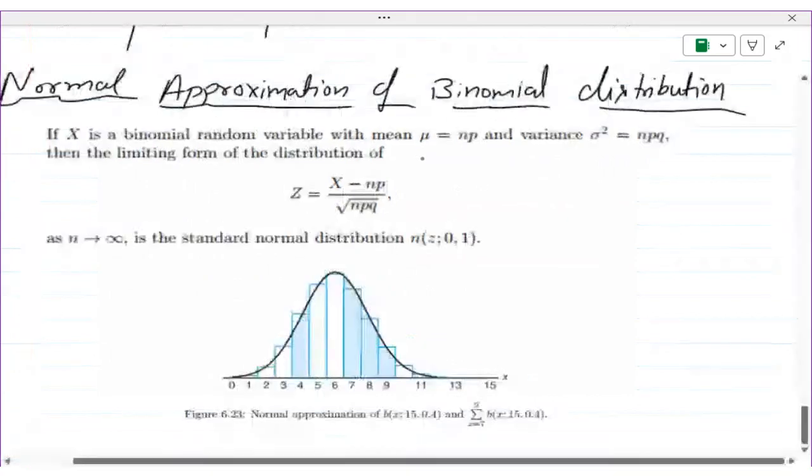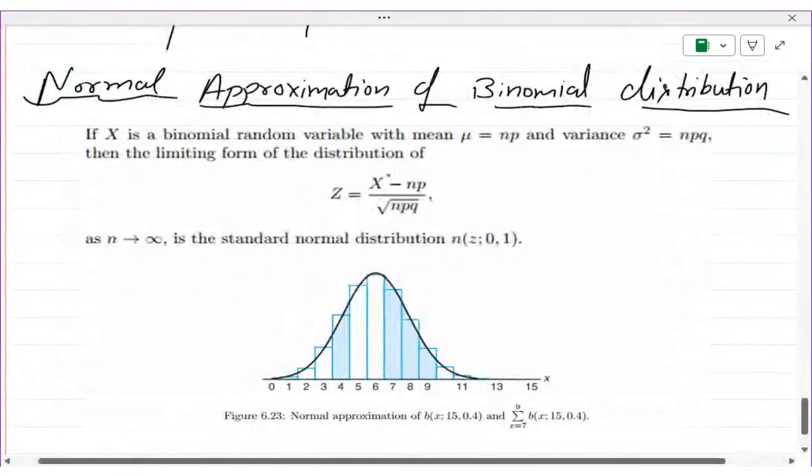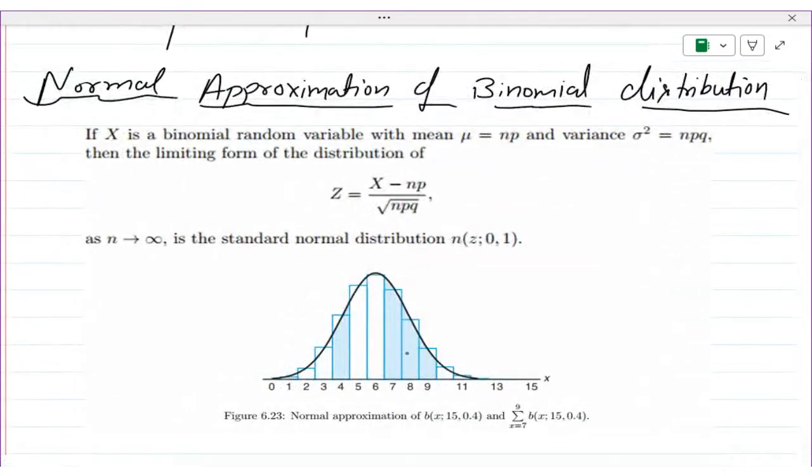So students, what happens if our number of trials become large? Then this binomial distribution behaves like normal distribution. The two distributions become basically a similar kind of thing.